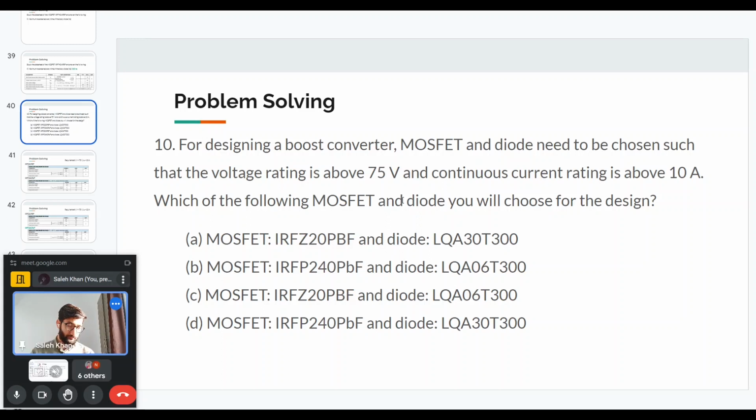No, why would the MOSFET be less than 75? Because as we saw in the last class, in a boost converter, the voltage that has to be blocked by the MOSFET is basically the output voltage. So if the output voltage is 75 volt, the MOSFET should be able to block at least 75 volts.